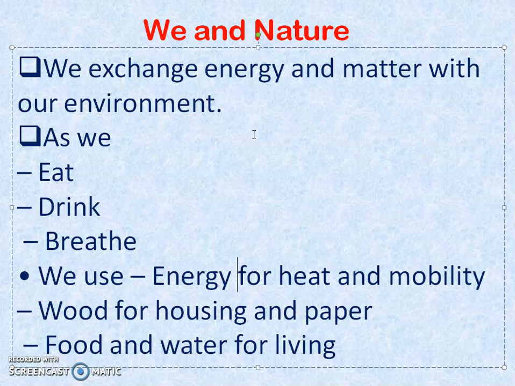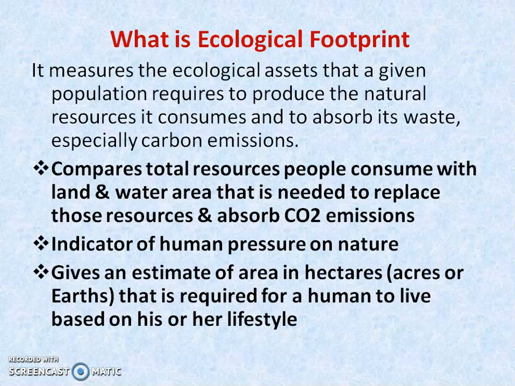To understand this phenomenon, we require the term ecological footprint. This ecological footprint measures the ecological assets that a given population requires to produce the natural resources it consumes and to absorb its waste, especially carbon emission.